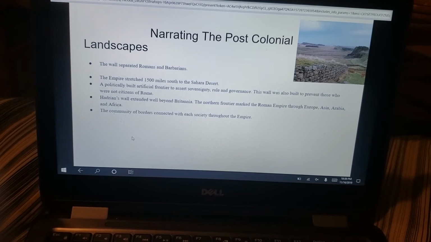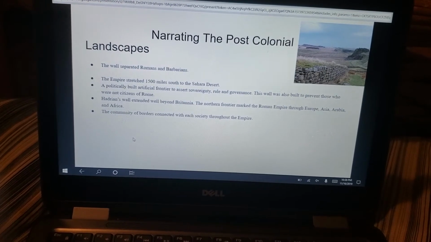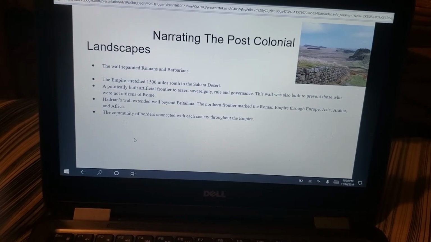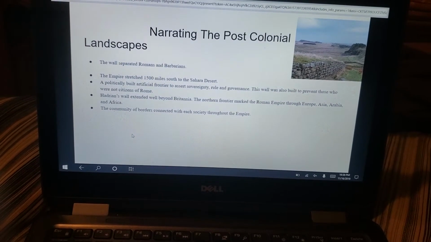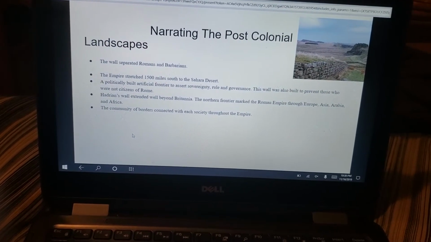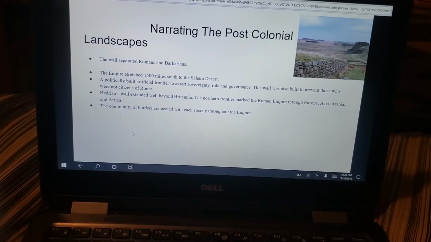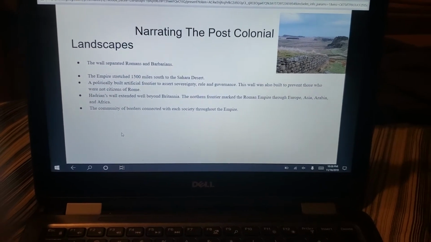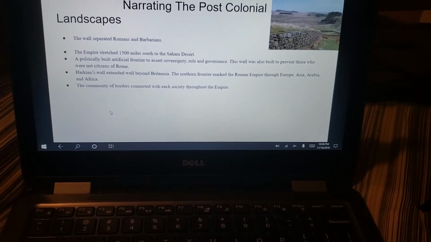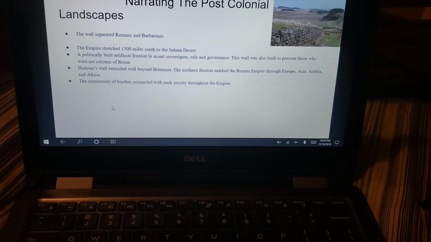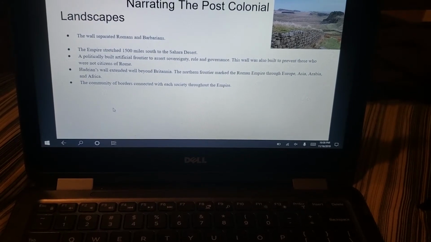The empire stretched 1,500 miles south to the Sahara Desert. This involved politics, a politically built artificial frontier. They wanted things like sovereignty, rule, and governance. And this wall extended beyond Britain to the northern frontier of the Roman Empire.